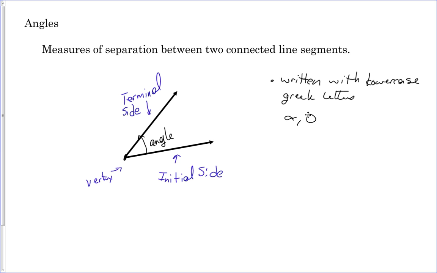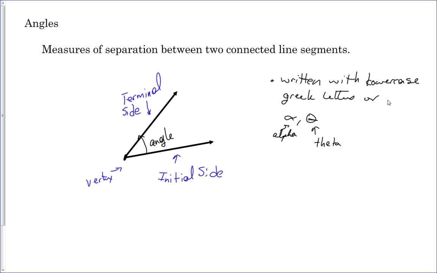I like to use theta a lot. That's alpha, which looks like a little fish. This is theta, which looks like a circle with a slash through it.